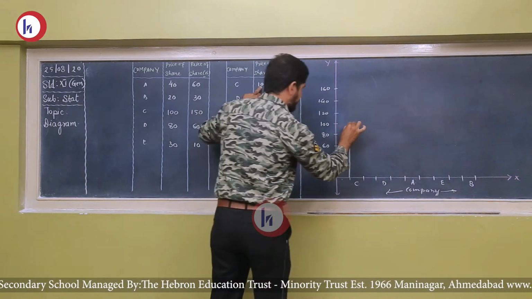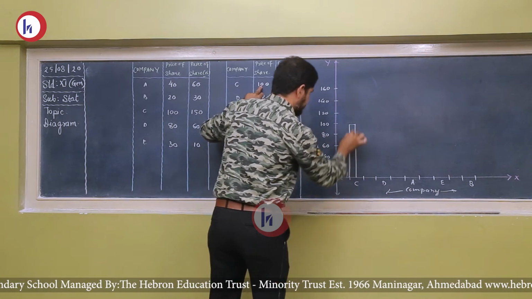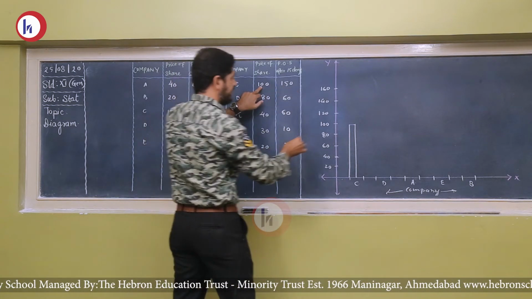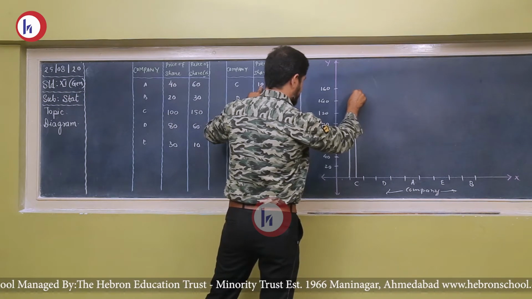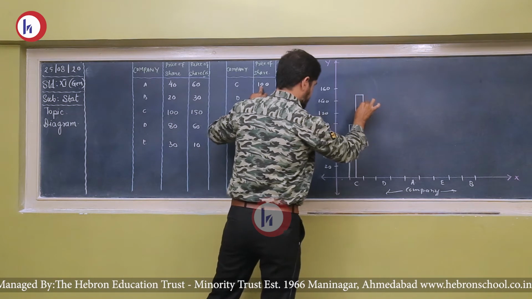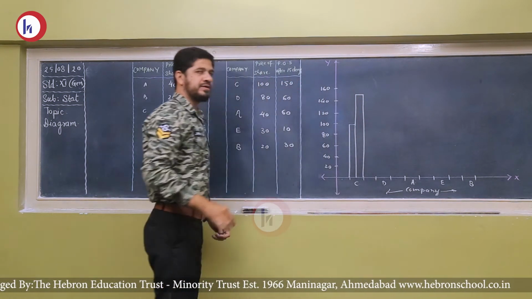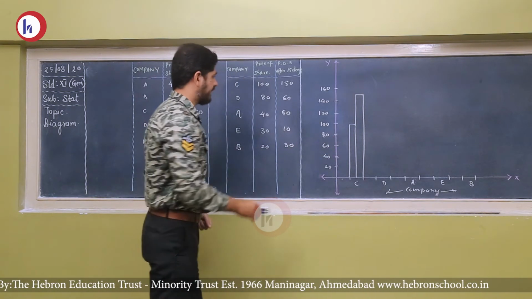The first half of 1 centimeter is 100, and after 15 days the price is 150, which lies between 140 and 160. So we divide 1 centimeter into 2 parts. That's why it is called the divided bar diagram.